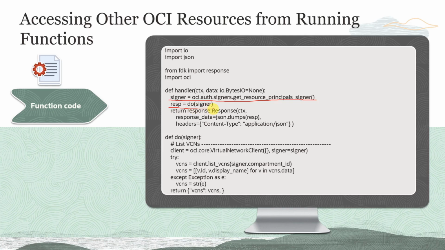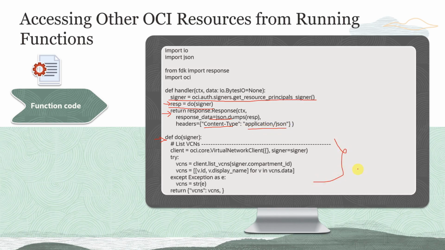The next line here calls the do function, which is defined later, with the signer as an argument and stores the response in the response variable. The next line, which is return response, returns the response from the function. It converts the response data to a JSON string and sets the content type header to application/json.